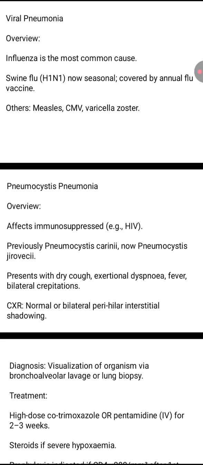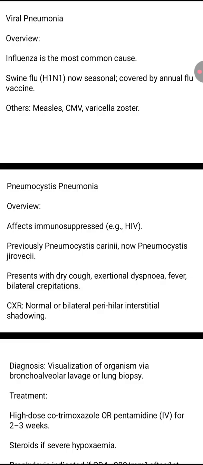Pneumocystis pneumonia affects the immunosuppressed, for example those with human immunodeficiency virus, HIV. Previously Pneumocystis carinii, now called Pneumocystis jirovecii. It presents with dry cough, exertional dyspnea, fever, bilateral crepitations.